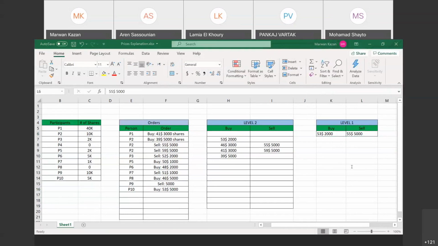Let me see if there are any questions. Someone asked: how is the main seller selling at 55 if you can only sell at 53? Let me explain. A person here wants to sell at 55, and if I want to buy, I have to go to the seller and buy at 55.